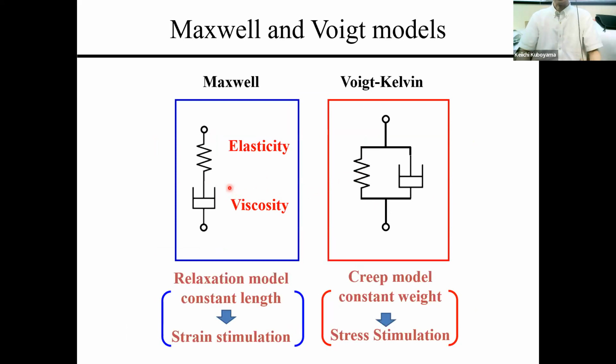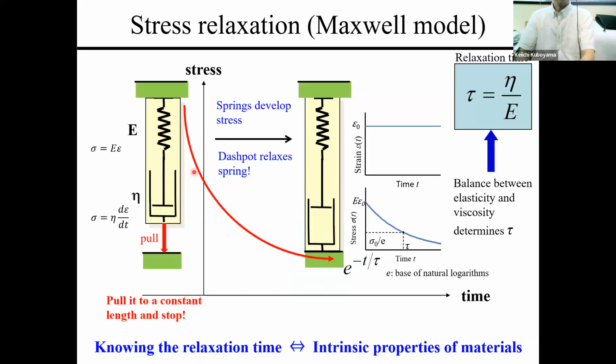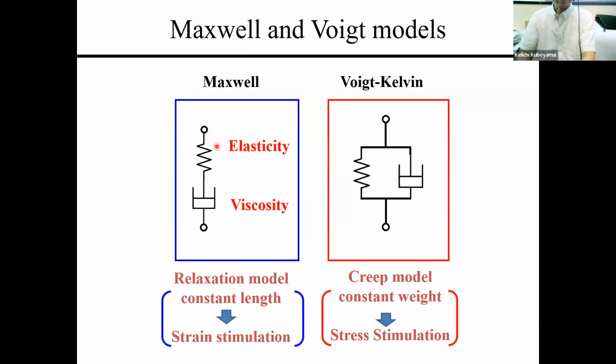So at first, let's start from the stress relaxation process by modeling with components in series. This model is called the Maxwell model. And when you connect each component in parallel, this model is called the Voigt model.